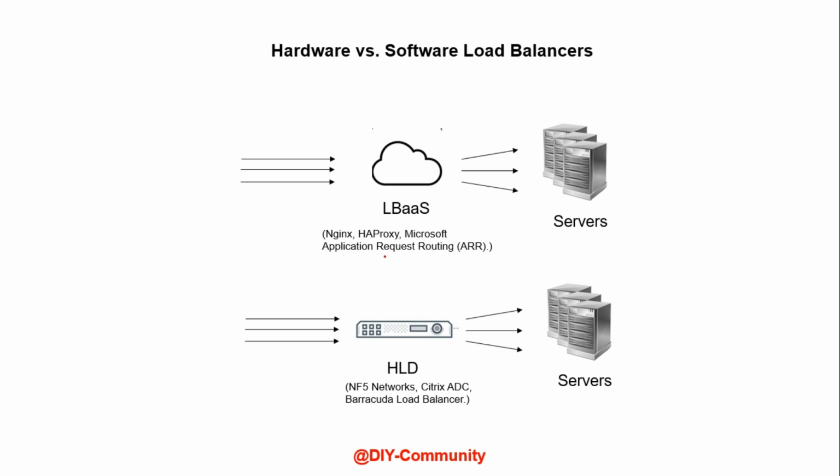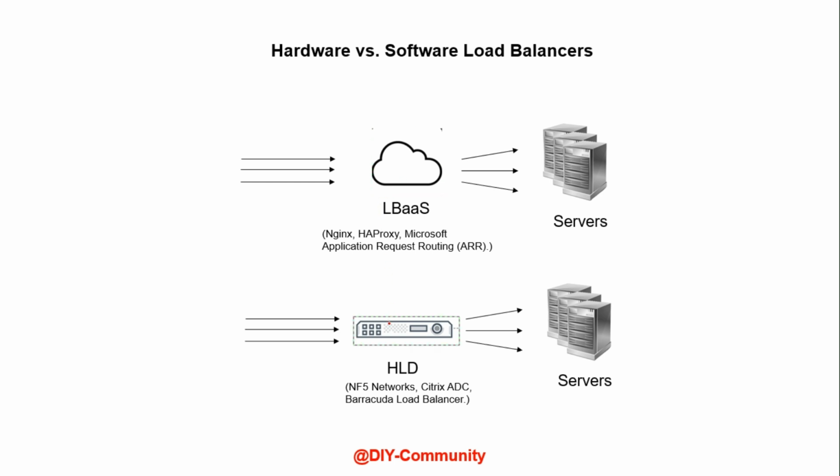Now the focus of this session is more on the system design. Therefore, we will not go into too much detail on these load balancers. But there are certain things which we are supposed to know. In this case, the load balancers can be of two types: hardware based load balancers and software based load balancers.